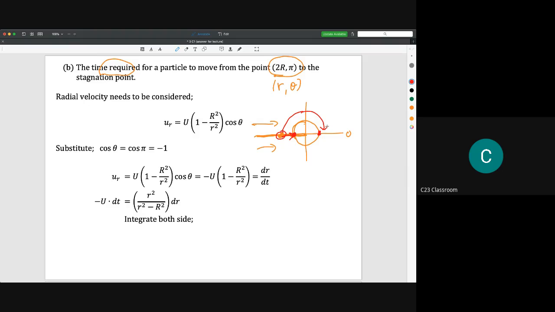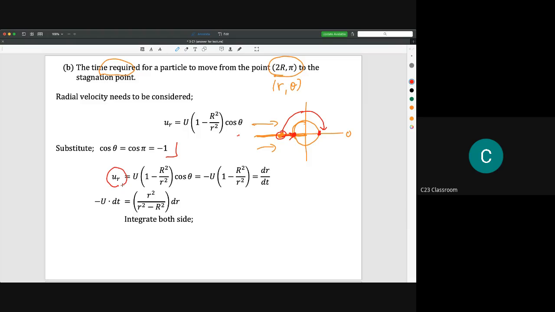So we have ur equal to U1 over r squared times cos theta like this, and then we substitute the angle, which is -1. And then from the equation of velocity here, it can be written as dr over dt, because we want to find the velocity or the time.